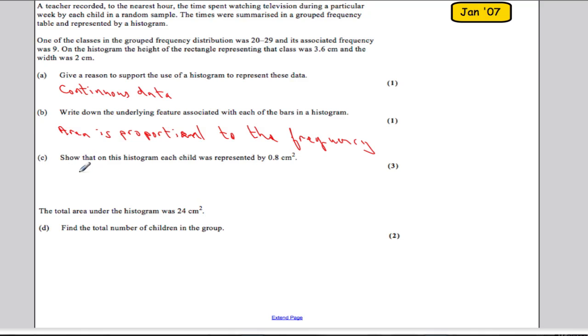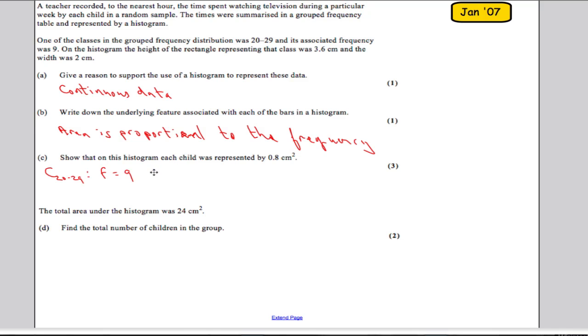Show that on this histogram each child was represented by 0.8 centimeters squared. So in other words, what we're trying to find is k, the constant of proportionality. We're told that the class, which was 20 to 29, has a frequency equal to 9.